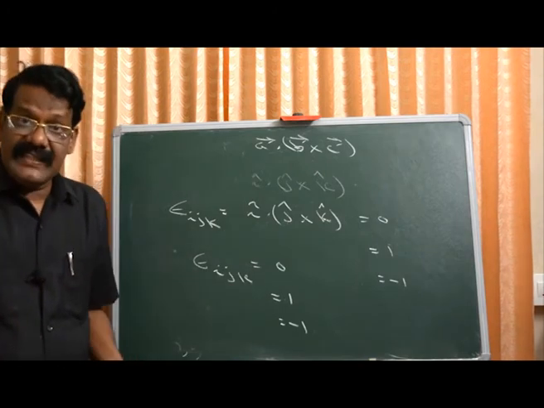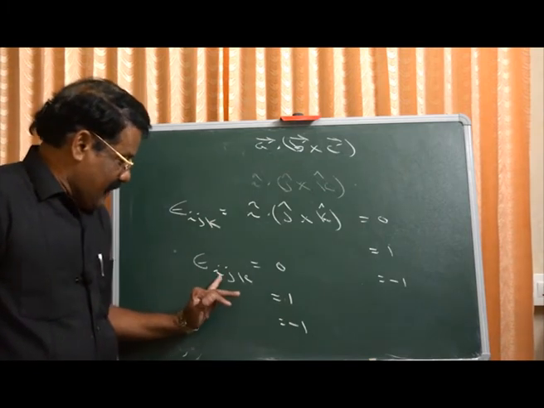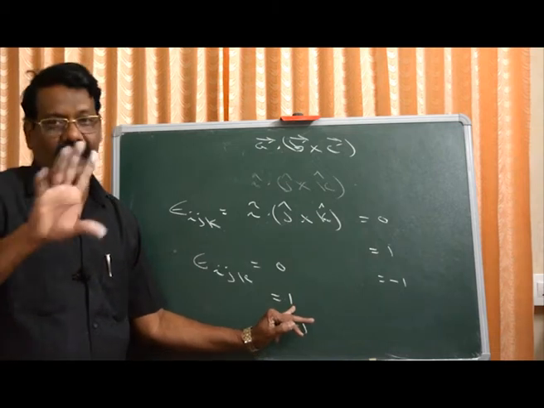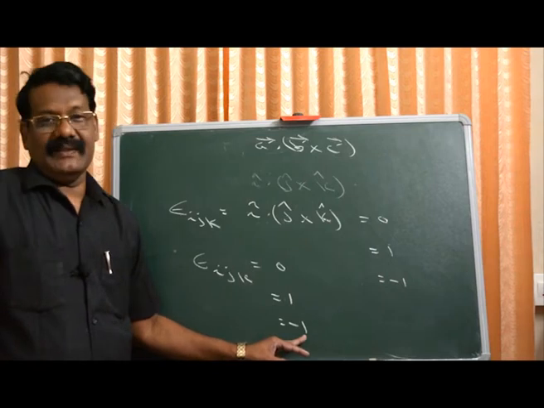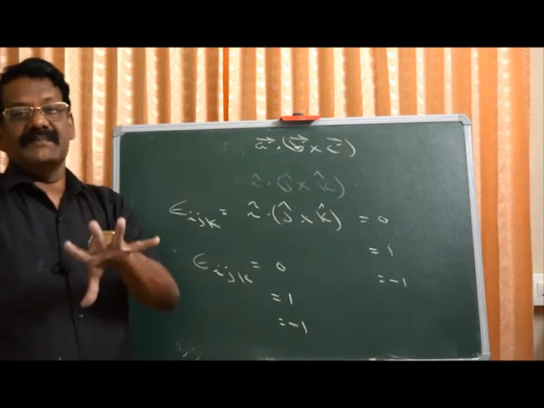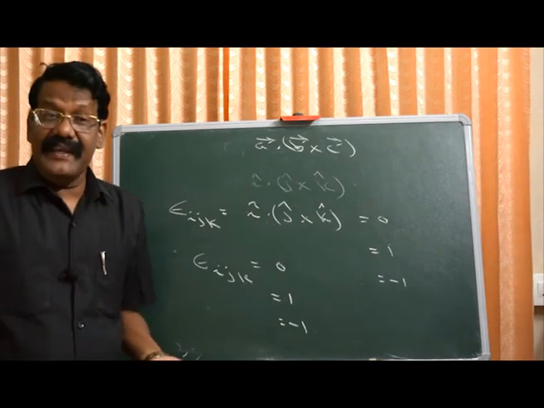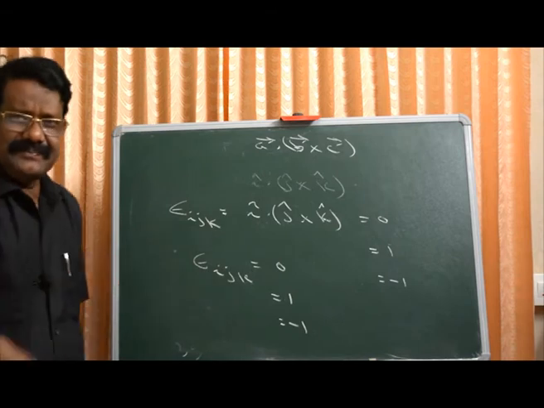Correct. Out of which we are having 3 numbers which are 1, 3 numbers which are minus 1. So totally 6 members will survive as 1 and minus 1, and the remaining 21 will be zeros. You check it up.